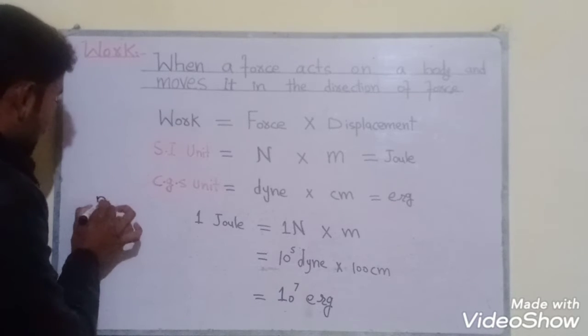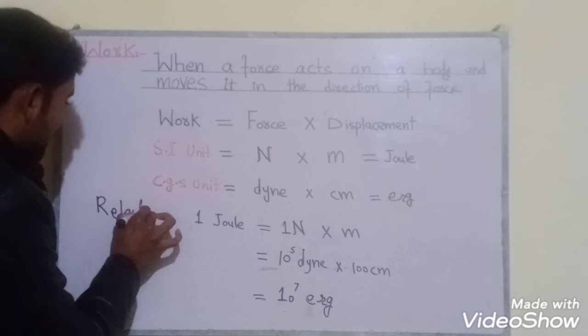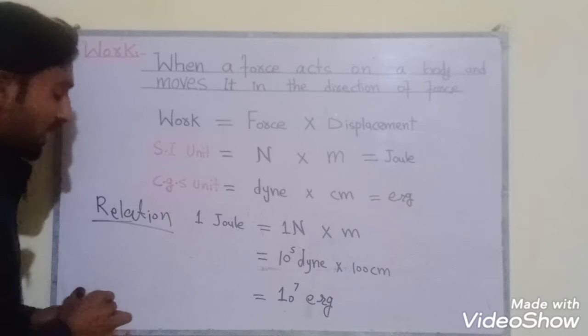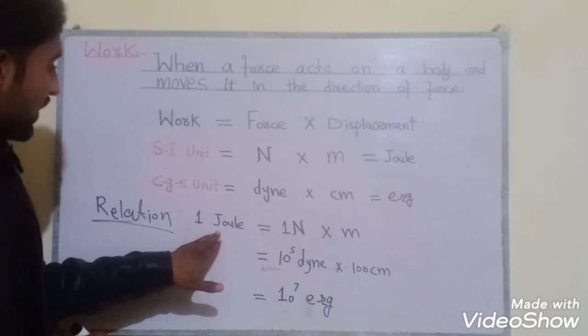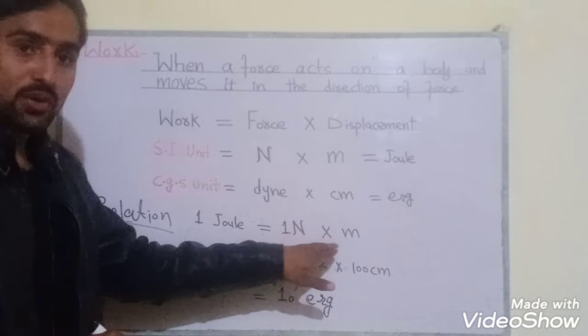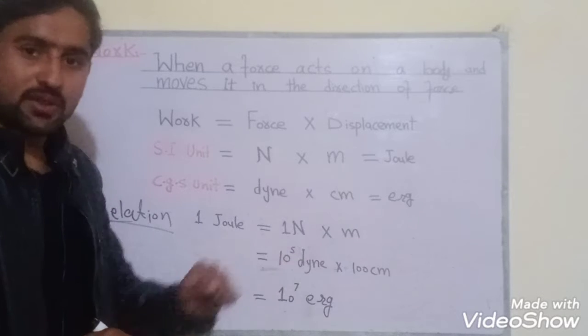What is the relation between joule and erg? 1 joule is equal to 1 Newton multiplied by 1 meter.